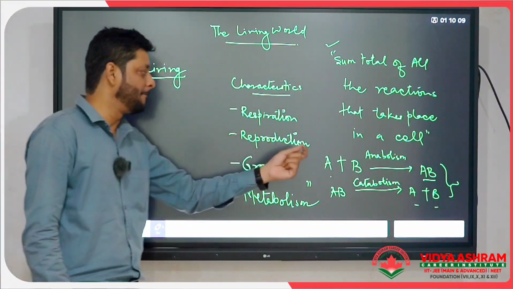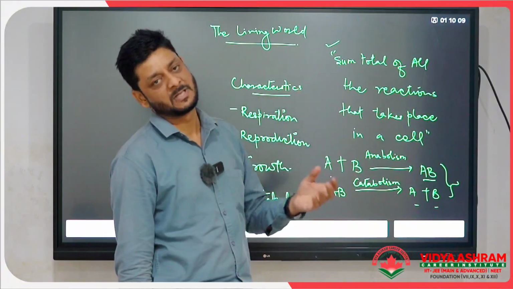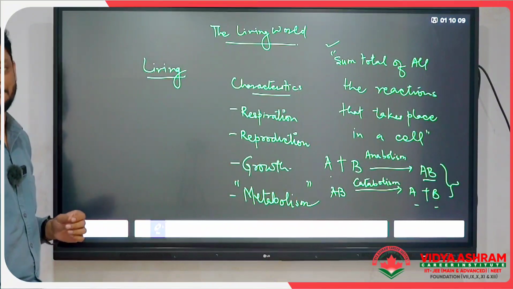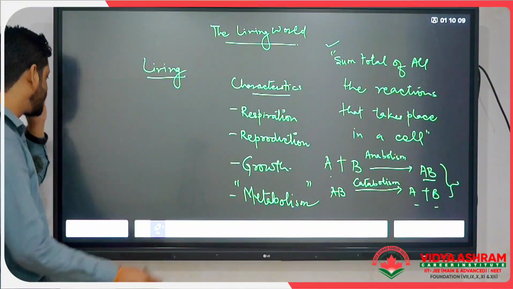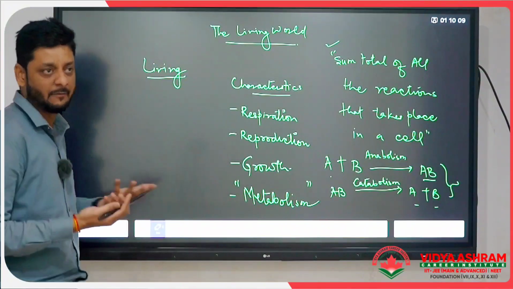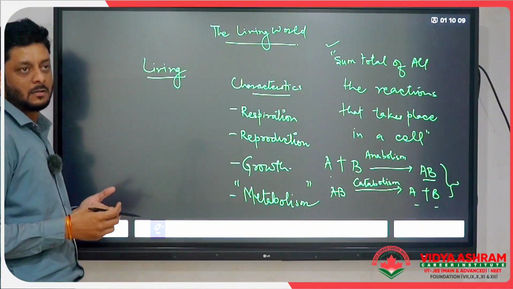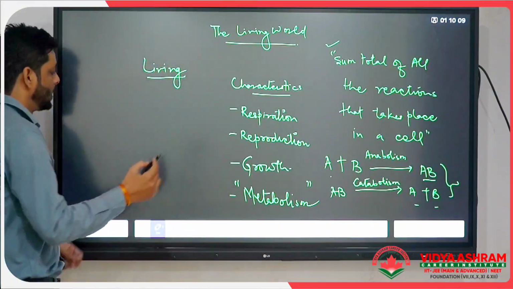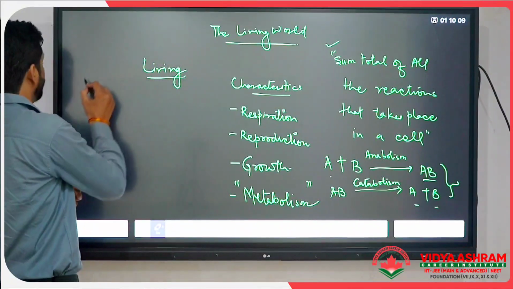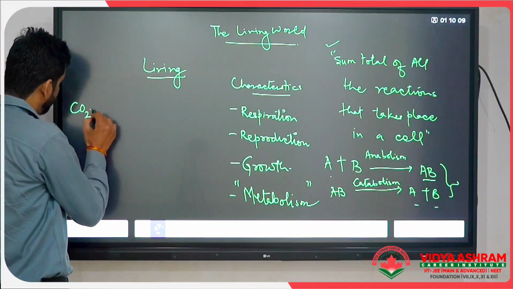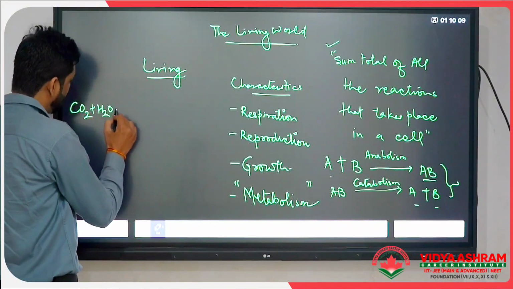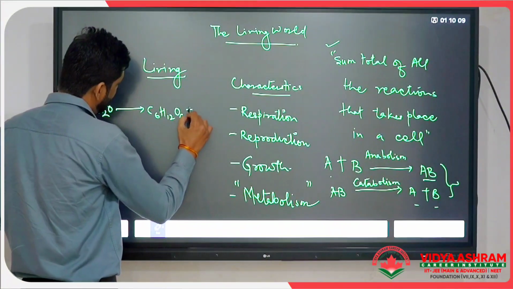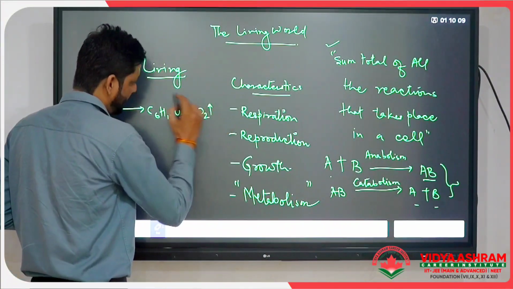So, give me an example of a reaction that takes place within a cell which shows the actual metabolic reaction. A very simple reaction which I have always told my students as an example is the photosynthetic reaction, in which CO2 plus H2O will form C6H12O6 plus oxygen, which is liberated.